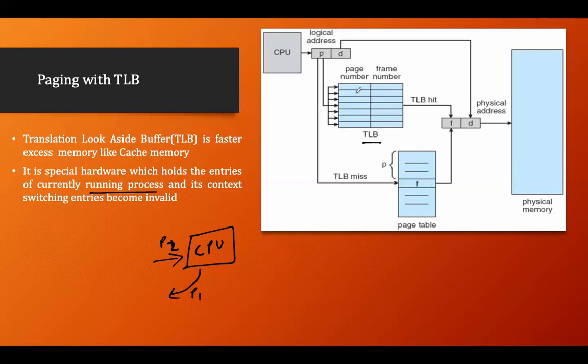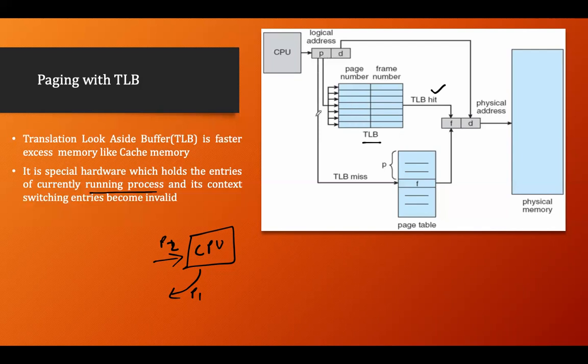If there is an entry, it is called a TLB hit, meaning you find that particular page in the TLB register or TLB table. If that page is not there, then there is a miss.